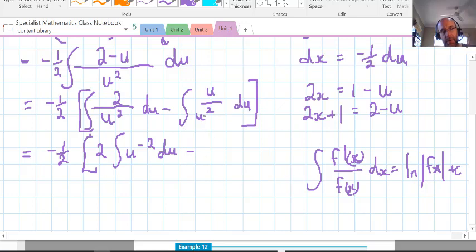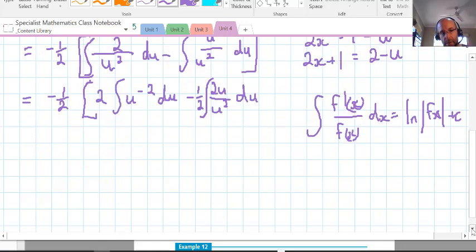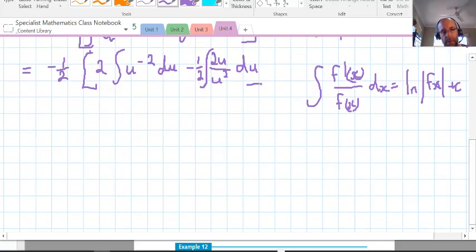Because if we have f of x equals u squared, f dash of x would be 2u. Now we could put a 2u up there. We have changed it, of course, haven't we? So we have to compensate for that. We've doubled it, so we have to halve it out there. Okay, but that's not going to be tricky to integrate now. So we've done a lot of the heavy lifting. Close the square brackets there, because it's all multiplied by -1/2.